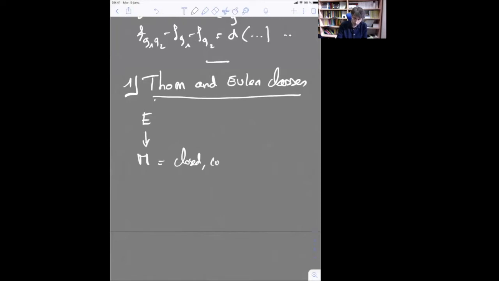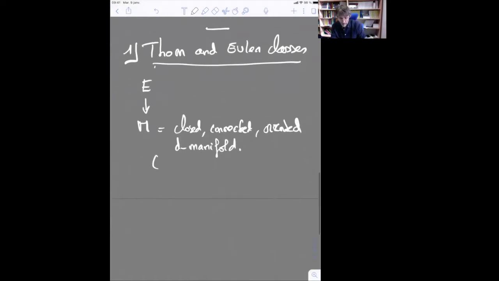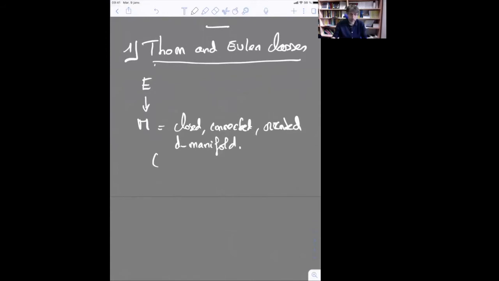You can think of M as a closed connected oriented manifold of dimension D. But in fact, if you're comfortable with this, you can even replace M with much more general spaces like CW complexes. The base is not very important. What is important is E.